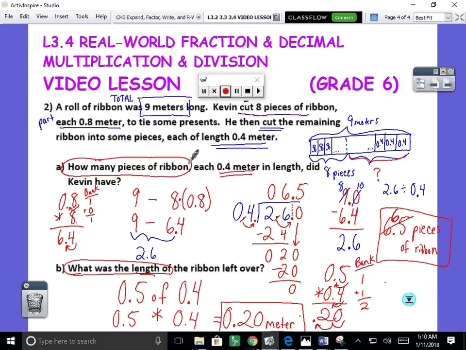I circled it here for you, and I circled the second part of it to make sure I had good labels: pieces, or in this case, a length had to be some type of units or measure, like meters. I hope that your thinking behind decimals and fractions and real-world problems is getting stronger every day. I want you to keep on practicing similar type problems so that anything we throw at you, you can get going on. You take a risk and you dig in, maybe think of a bar model, you decode the pieces, and get partway there, maybe all the way one day soon.